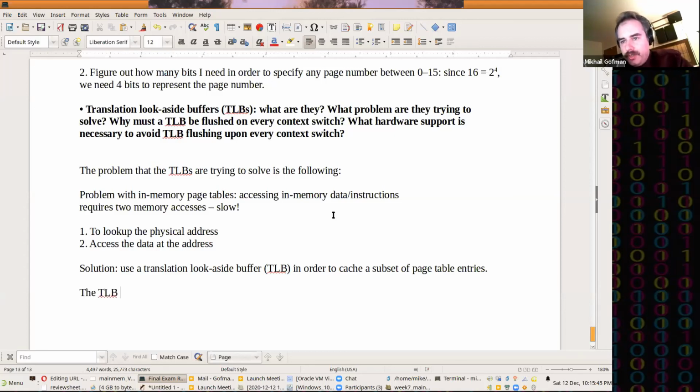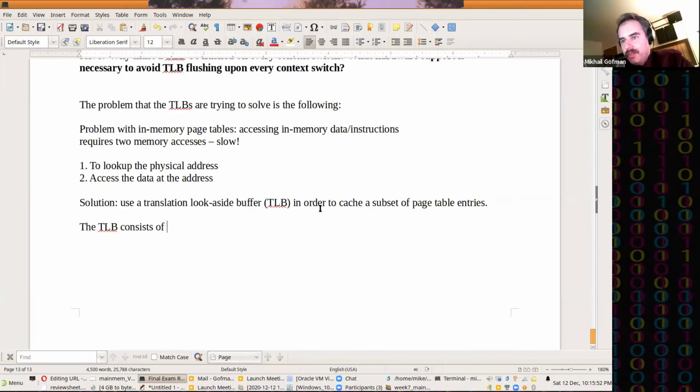So the TLB is an associative memory that caches the page number and the associated physical frame number.